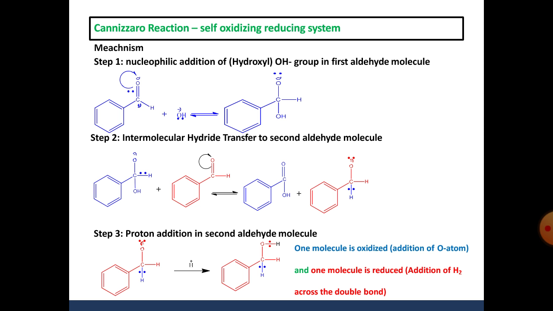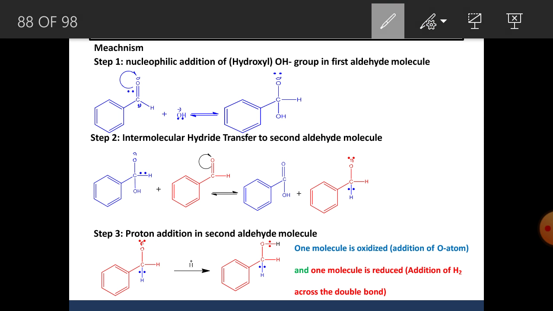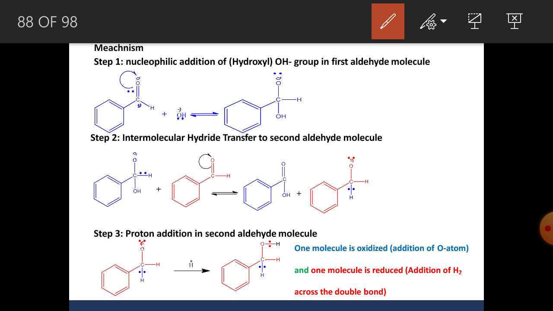So first there is nucleophilic addition of the OH minus ion from NaOH. This OH minus ion acts as a nucleophile. Due to the electronegative nature of this oxygen, it pulls the pi pair towards itself. After pulling the pi pair, this carbonyl carbon becomes electron deficient.